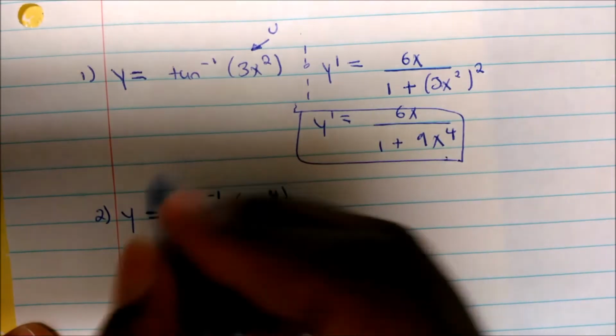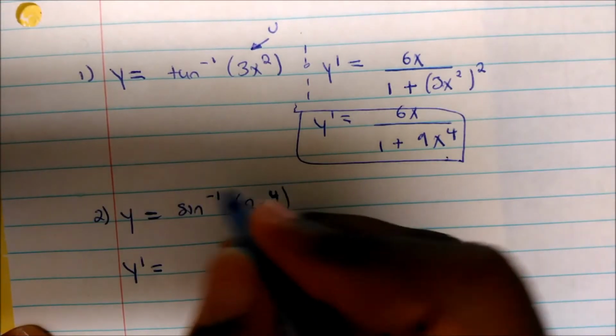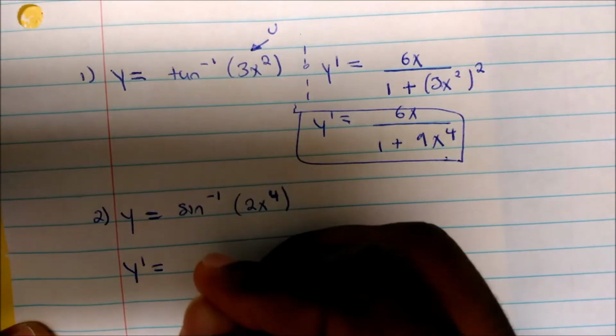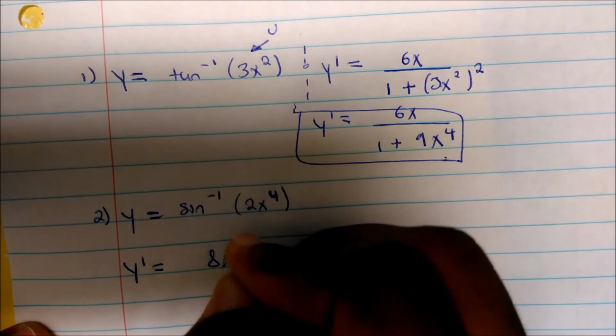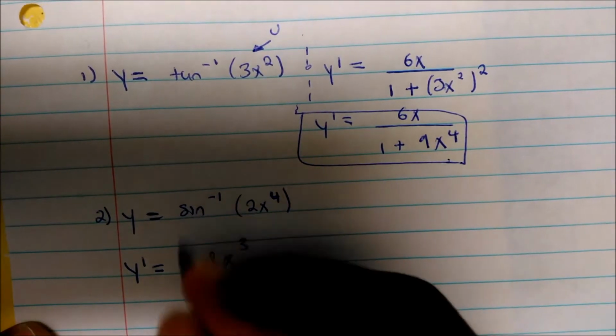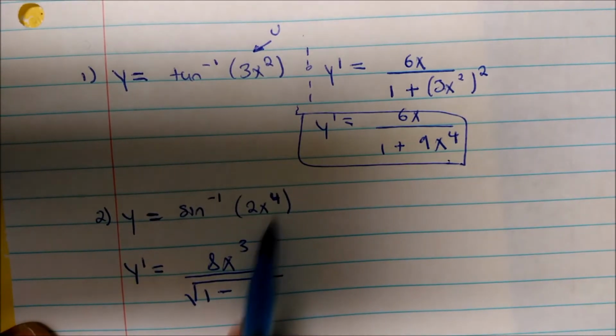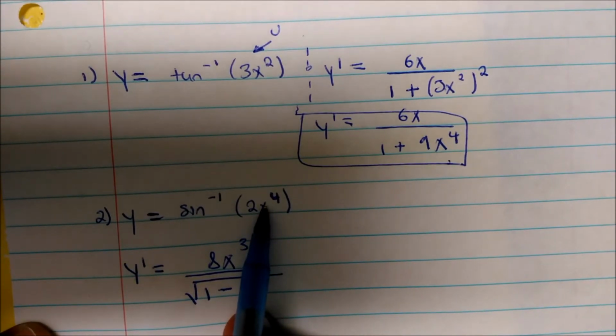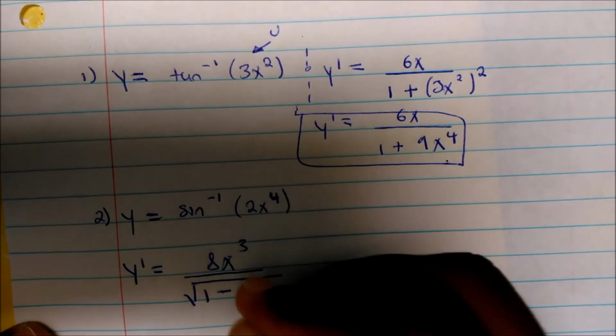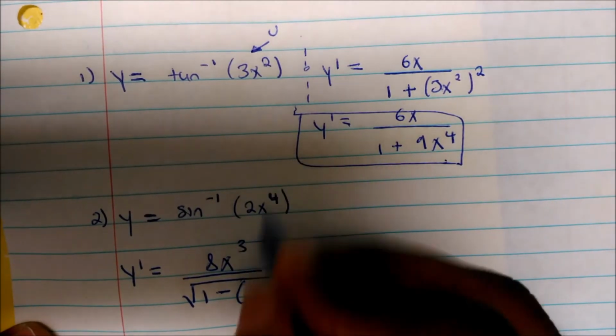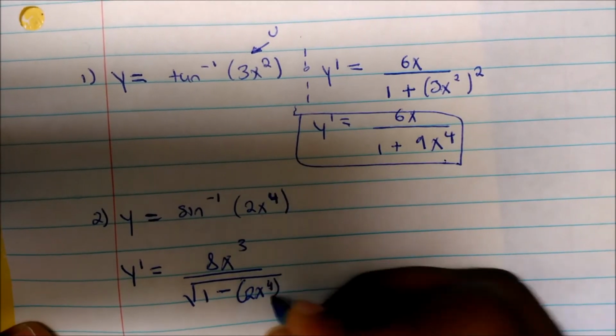So my u prime will be on the top, which is just 2 times 4, which is 8, x to the 3rd. All right, draw my bar. And this is going to be the square root of 1 minus u squared. So I'm going to put my bracket. My u is right here. So 2x to the 4th, squared.